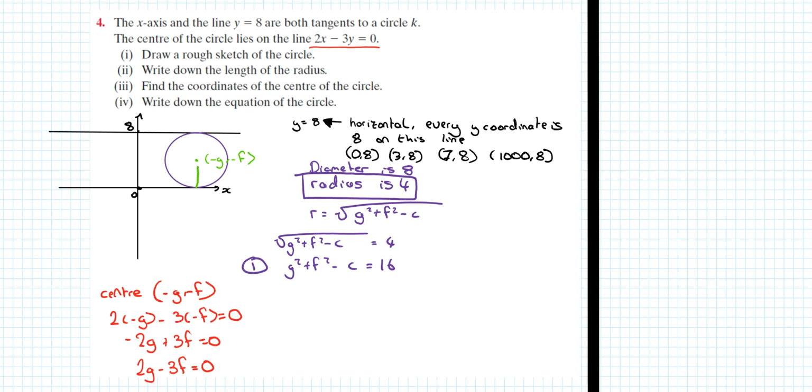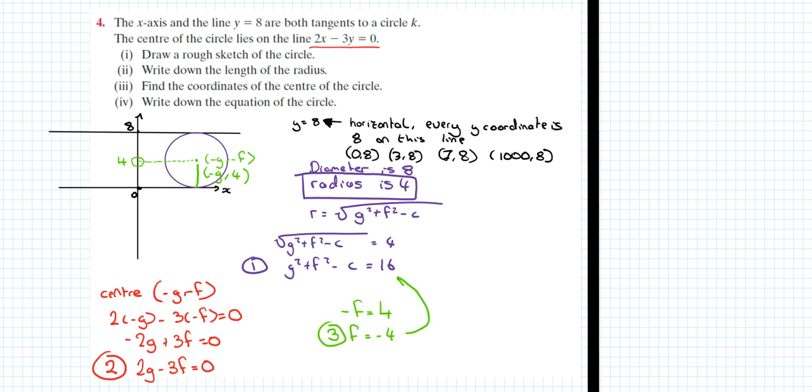Well, if it's telling me how high up off the x-axis it is, it's also telling me the y-coordinate. I know this y-coordinate is 4. So that means the center is really minus g, 4. So from this I can say that minus f is equal to 4, or f is equal to minus 4. This was my equation 2. This is really my equation 3.